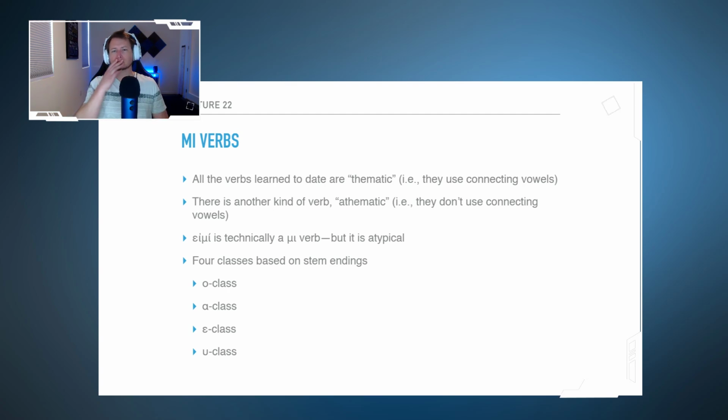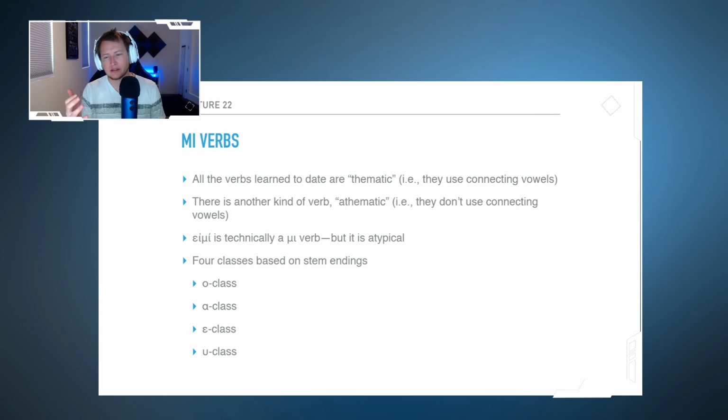Now, mi verbs. All the verbs learned to date: we've been spending time with indicative, the subjunctive, the infinitive, the participle. Every form we have seen, with the exception of eimi, has been, quote, thematic.